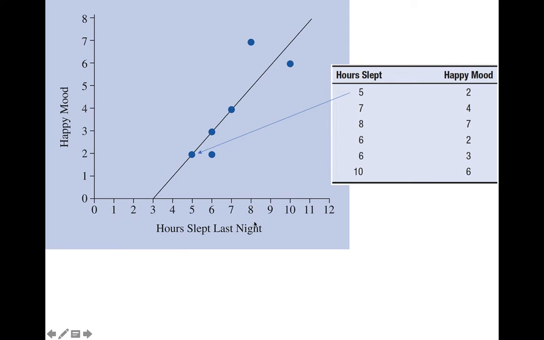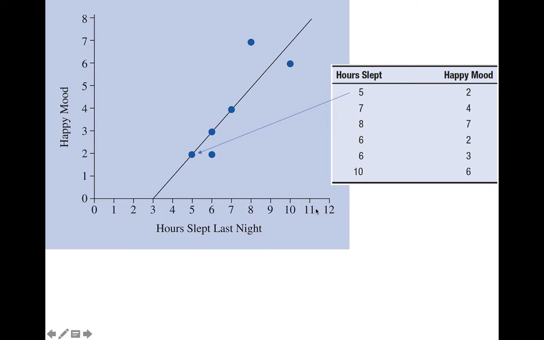Hours slept last night will be our x variable because that is our predictor variable. Okay, you sleep first and then you're in a happy mood. Being in a happy mood the next day doesn't dictate how much you slept the prior night. So hours slept has to come before, and therefore it predicts happy mood. So hours slept would go on the x-axis.